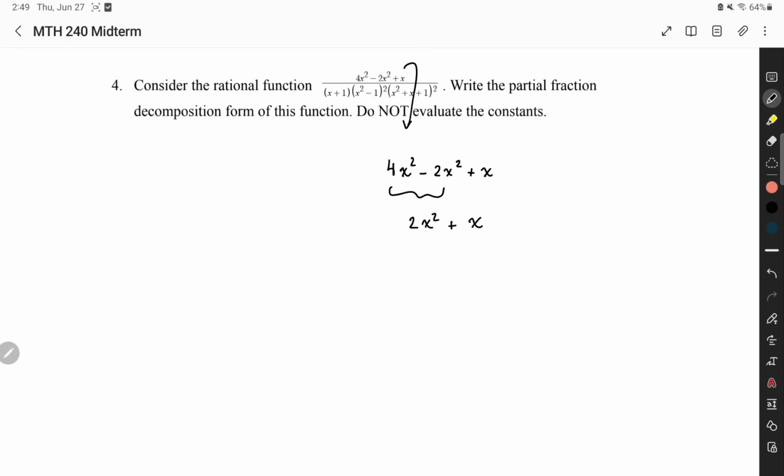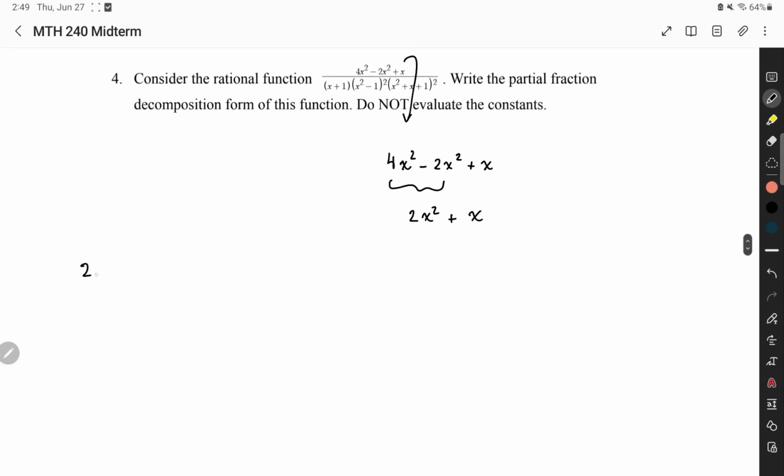So we can rewrite the denominator as that. So 2x squared plus x, and we have x plus 1, x squared minus 1 squared, and x squared plus x plus 1 in our denominator.